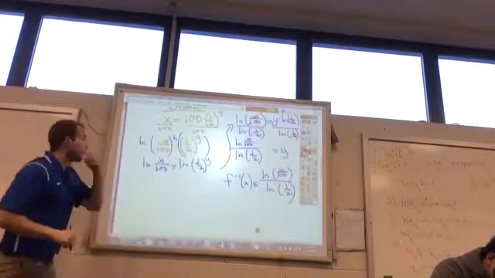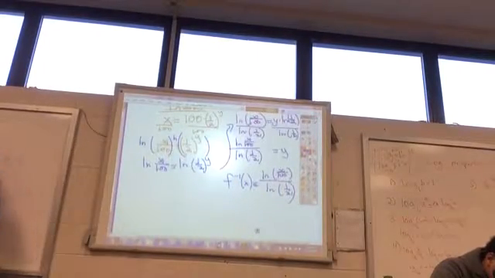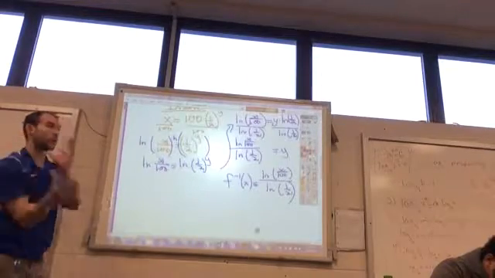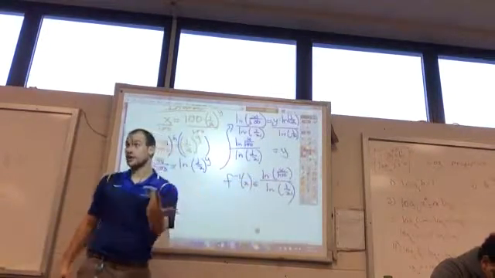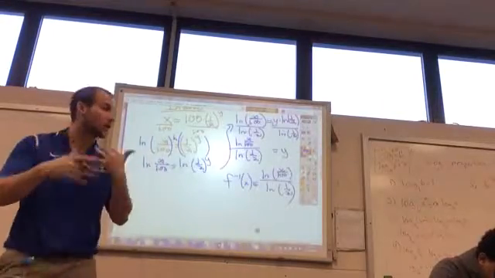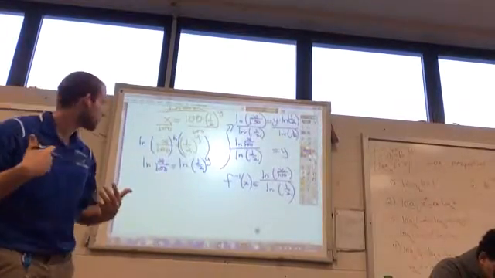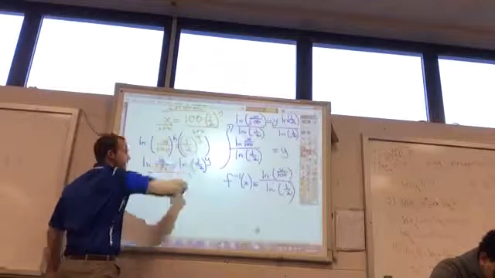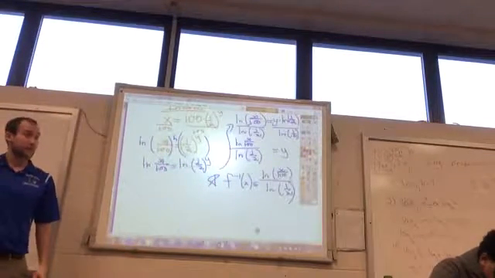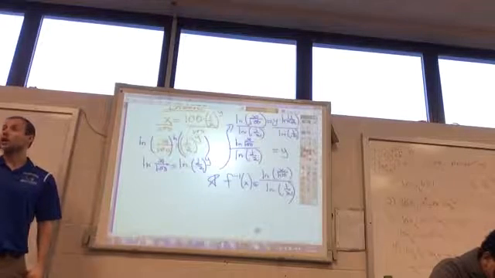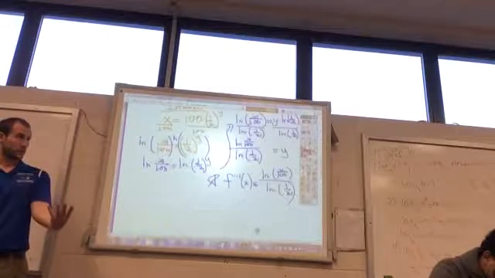Now, if I would have directly changed that exponential to the logarithmic form, I would still have an inverse. It would look a little bit different, but it would be equivalent. It would be the same. It would just look a little bit different because it's a different type of process. If you follow this process to get this inverse, that covers all the standards I'm looking for with respect to graphing your model and the inverse.